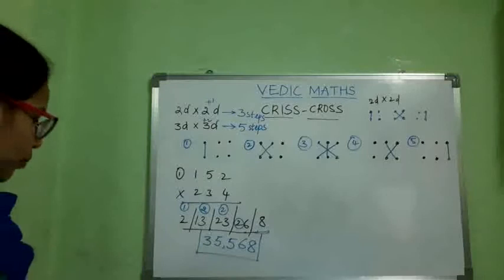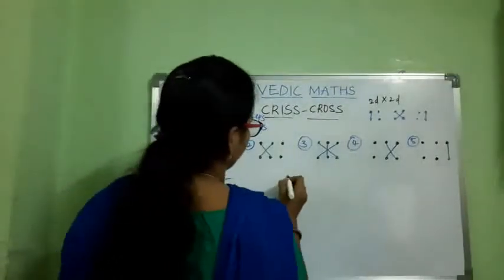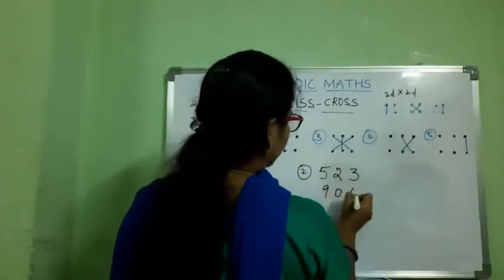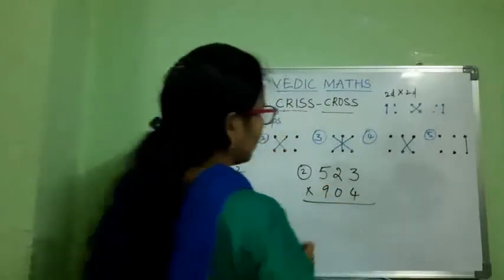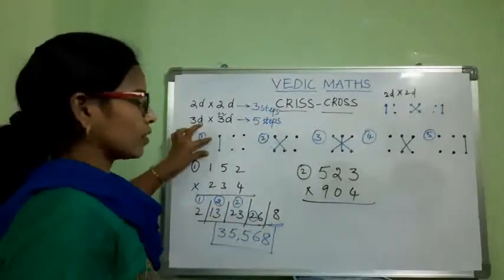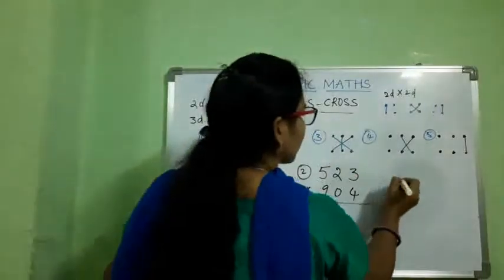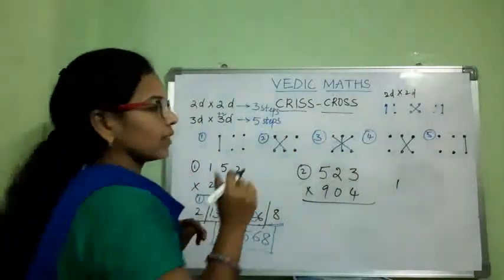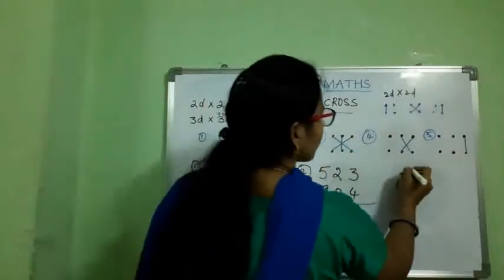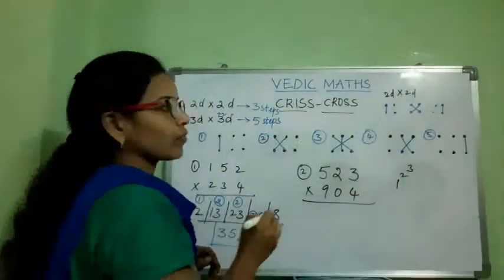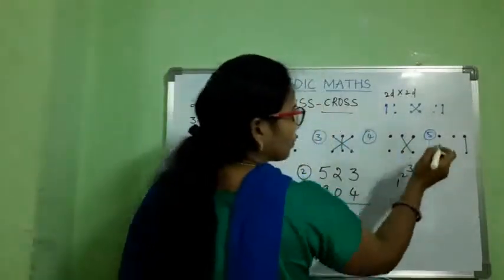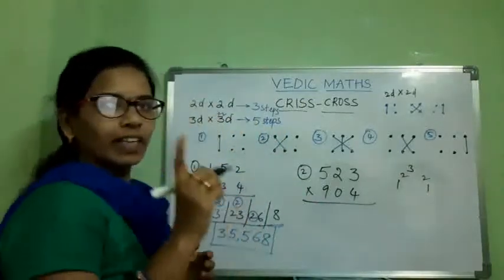Let us take one more example here. Here if you observe, for the first step we use only one column digits. For the second step we use only 2 column digits. For the third step, we use 3 column digits. For the fourth step, we use again 2 column digits. For the fifth step, again we use only 1 column digit.